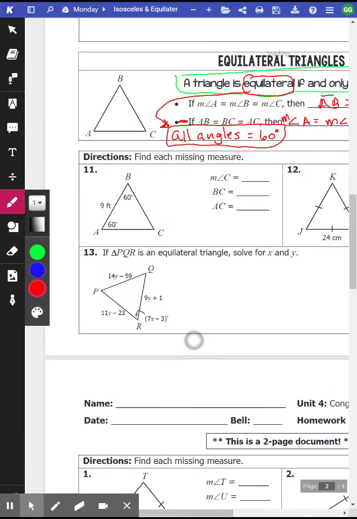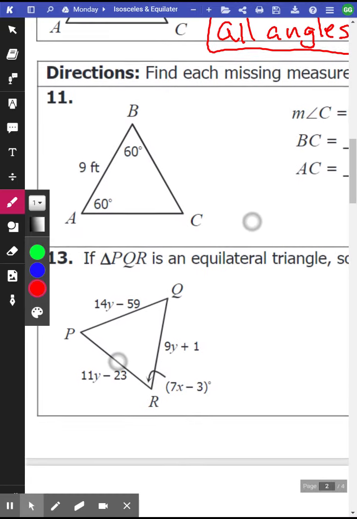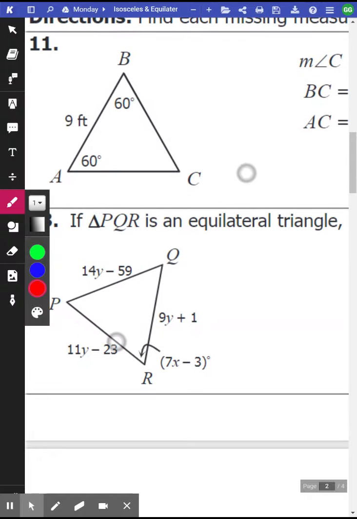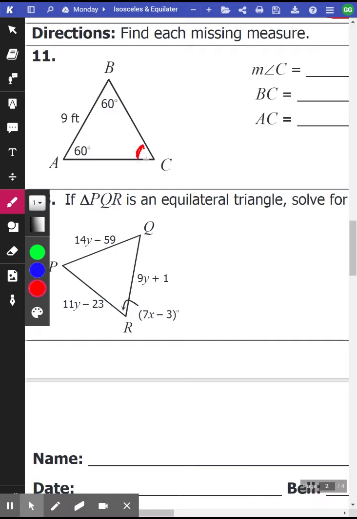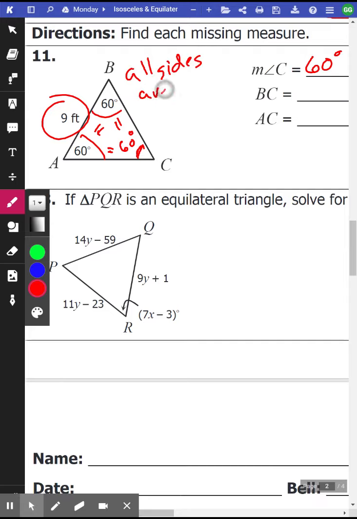So this kind of should be easy. Knowing this about an equilateral triangle, this guy's easy. If two of them are 60, then that means the third one has to be 60 degrees. If all three are equal, then all sides are equal.